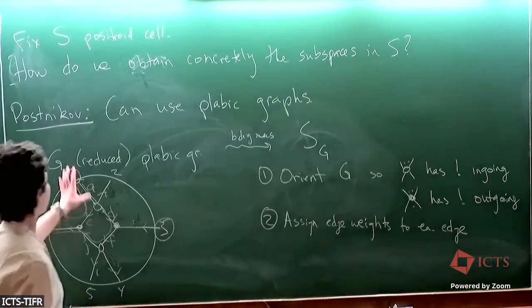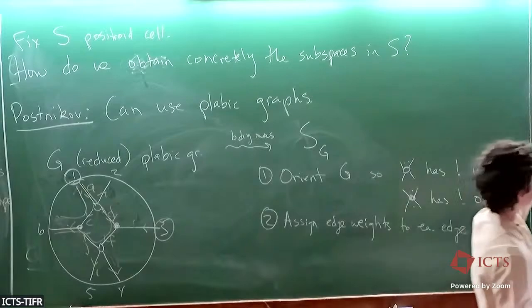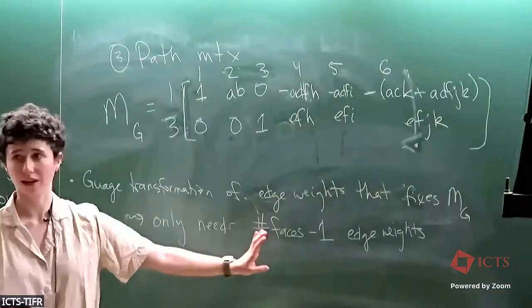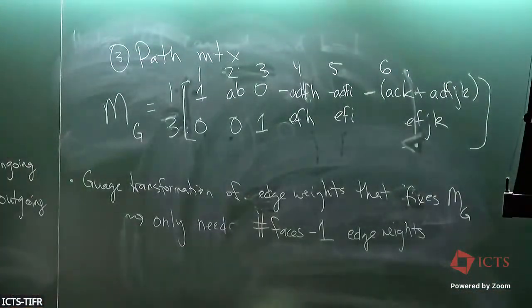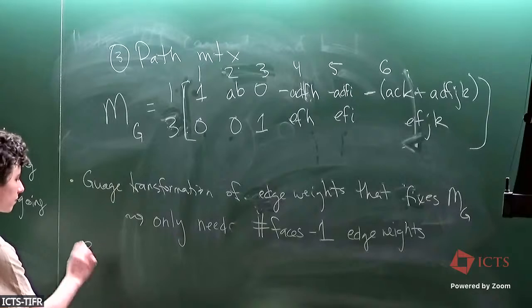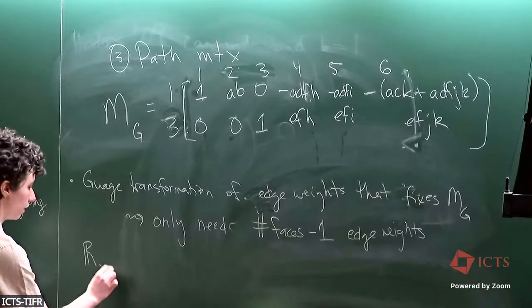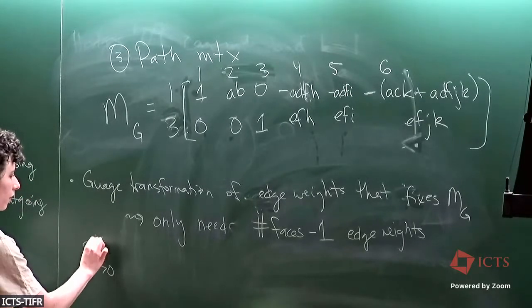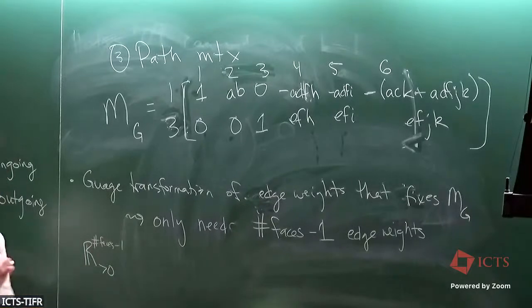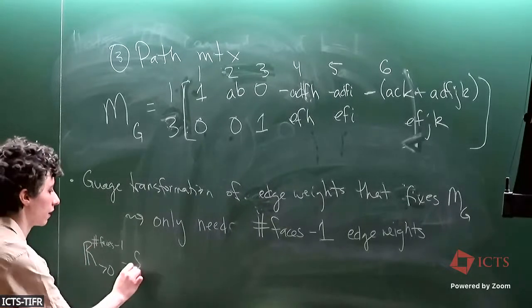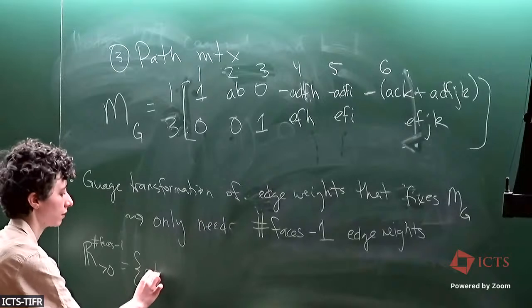So we start with this graph. We produce this matrix. There's a little bit of fussing about exactly how many edge weights you need. But once you do this, I can start from positive real numbers to the number of faces minus 1. So I should think of these as being my edge weights.